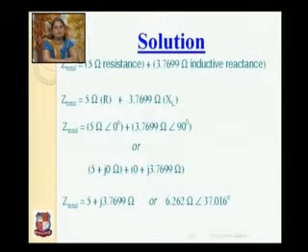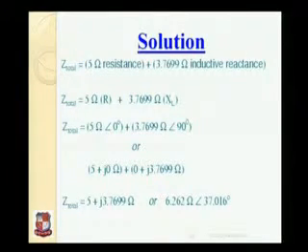First of all you have to find the total impedance, Z total, which is equal to R plus jXL. So the resistance is given, which is 5 ohm, plus 3.76, which is the inductive reactance. So your Z total is equal to 5 angle 0, because it is the real part, plus 3.76 angle 90, because it is the imaginary part.